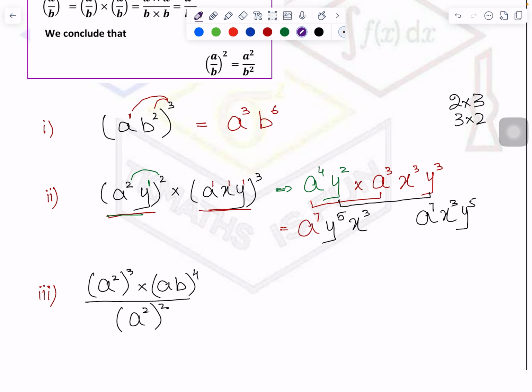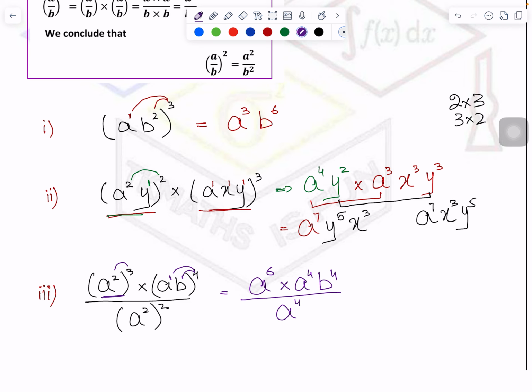Okay. So here, first of all, I will handle this index number, which is a power case. 2 times 3 is 6. Now in this case, there is no power, it is 1. So 4 times 1 is 4, 4 times 1 is 4. So a and b both will have power 4. In the denominator again, 2 times 2 is 4.